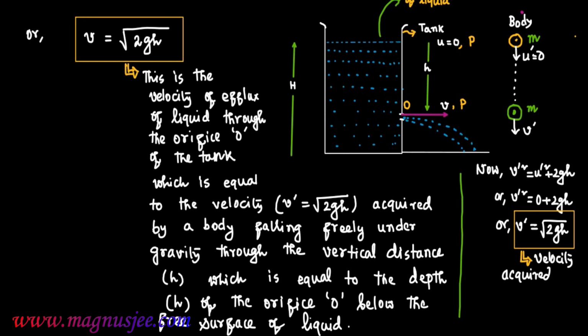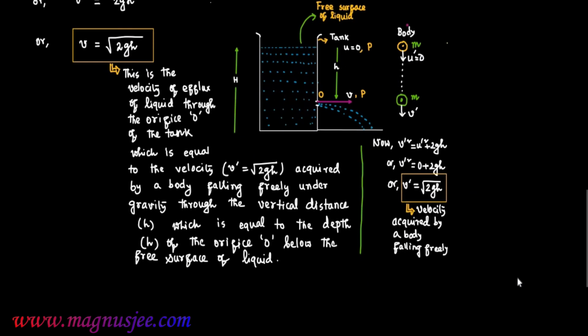So v prime is the velocity acquired by a body falling freely under gravity.